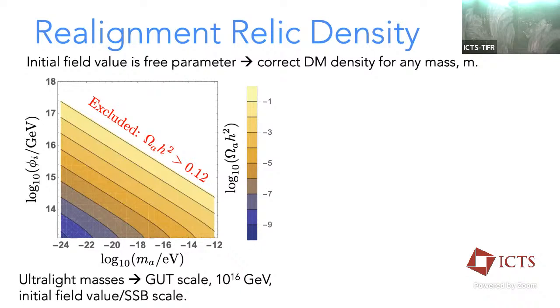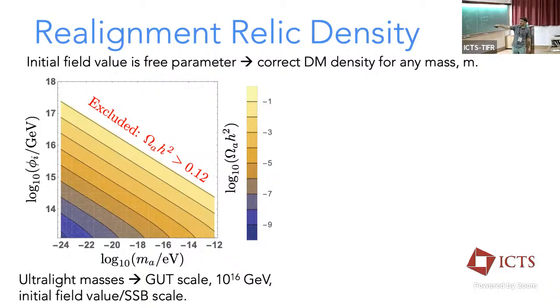If the initial field value is too large, I'll get too much dark matter density. I'll dominate the energy density before matter radiation equality. It's ruled out. Equally, as he just said, if I fix the initial field value, if the mass becomes too large, then I will dominate the energy density too soon, and I will spoil all the predictions of cosmology. This gives us the sort of parameter space of this ultralight dark matter.